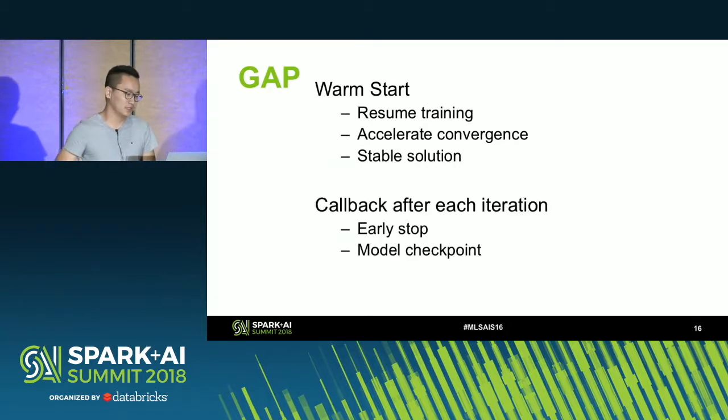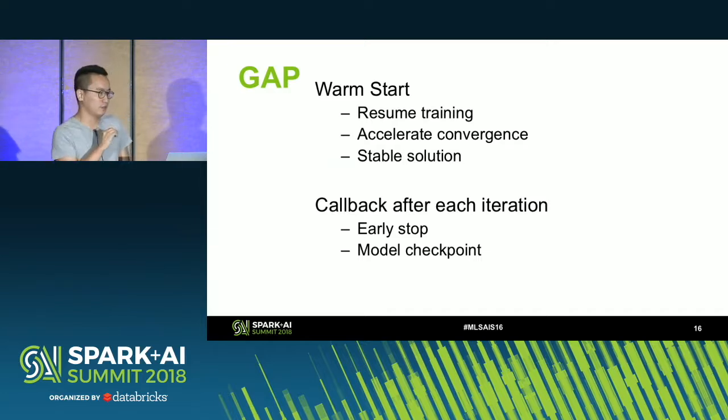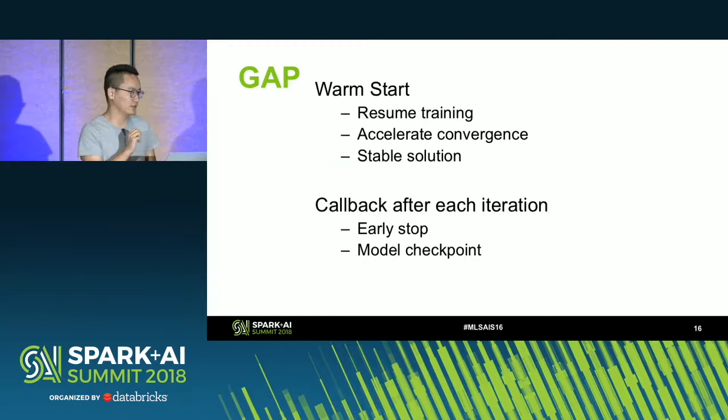Another big requirement is a callback mechanism after each iteration. For example, if you have an evaluation dataset and you evaluate your model on it, you can say, oh, the model is good enough, then we can stop early. We won't wait for the number of iterations we set.